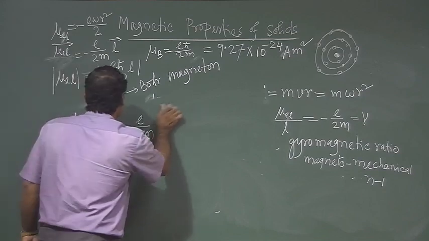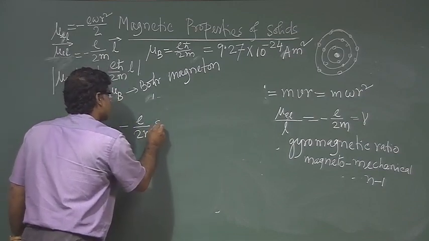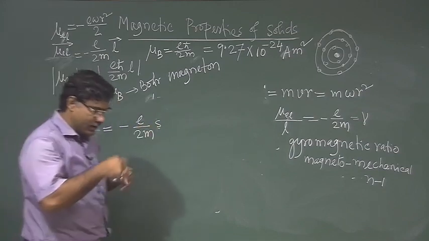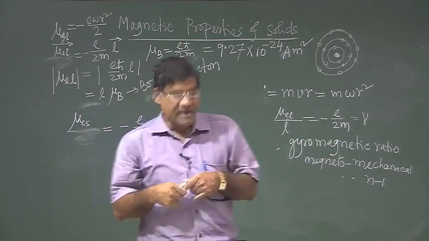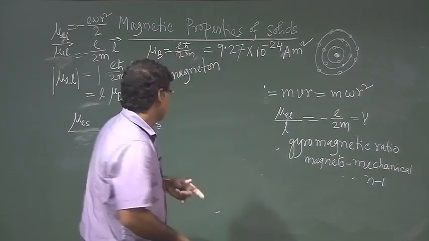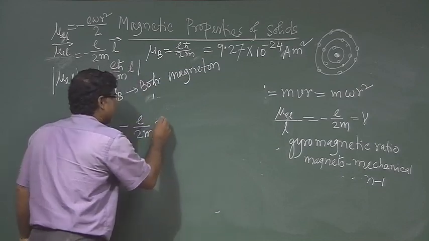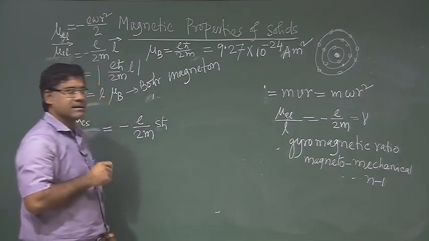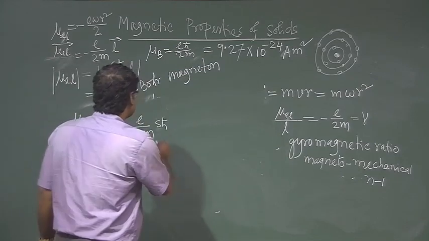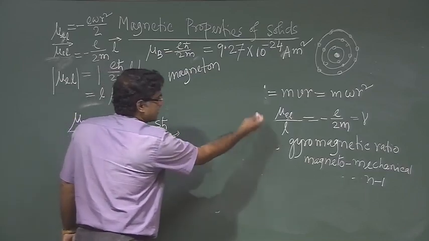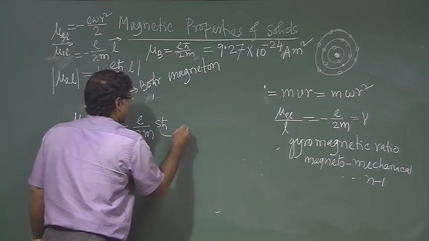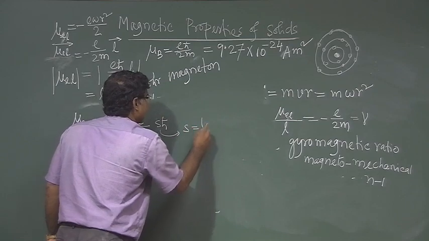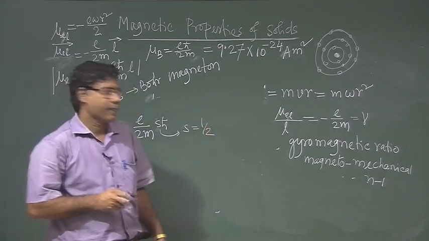Let me write a small s. This is also angular momentum, the spin angular momentum. So, it has magnitude s h cross, and s can take only the value of half for an electron, right.